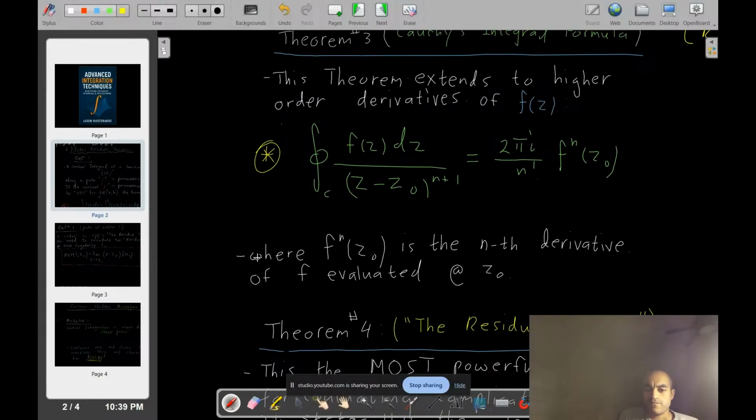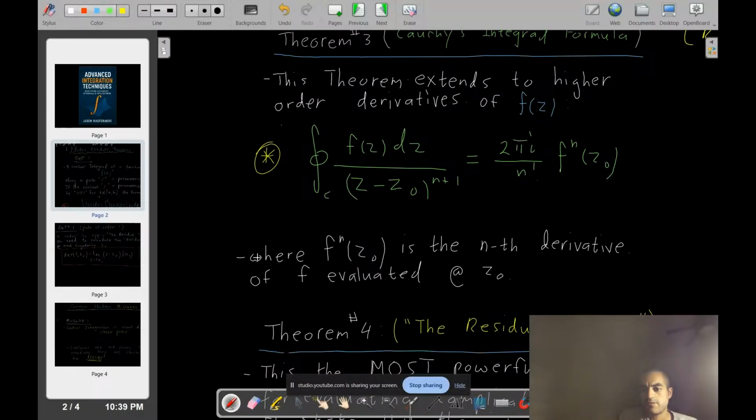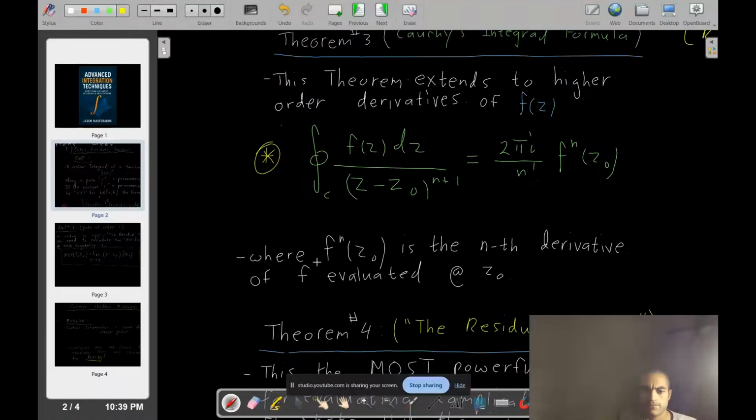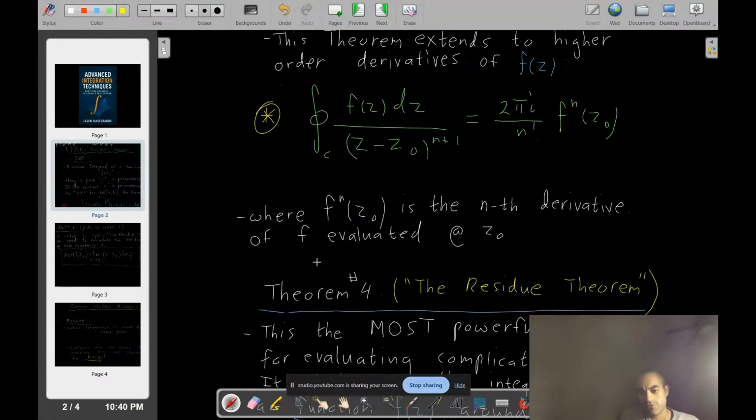If you have a loop integral, a contour integral of f of z dz over z minus z0 to the n plus 1 power, it's just 2 pi i over n factorial times f^(n) of z0, where n depends on what derivative you have: first order, second order, third order. f^(n) of z0 is the nth derivative of f evaluated at z0, where z0 is exactly where it's evaluated. So that's what we have here.